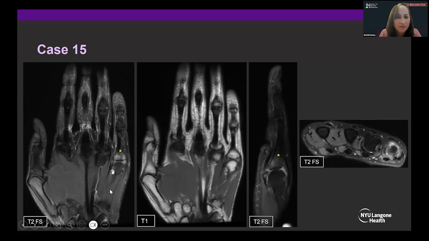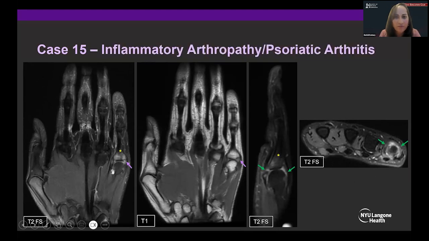So we can see on our T2 fat sat sequence, we can see bone marrow edema pattern in the base of the proximal phalanx. We see this cortical erosion, and we can see synovitis at the metacarpophalangeal joint. So this is a case of psoriatic arthritis, but yes, inflammatory arthropathy.